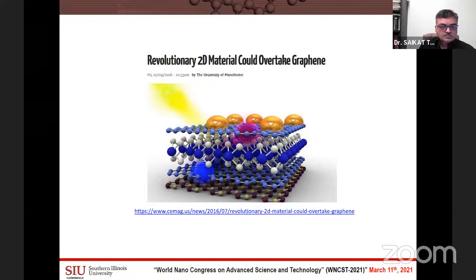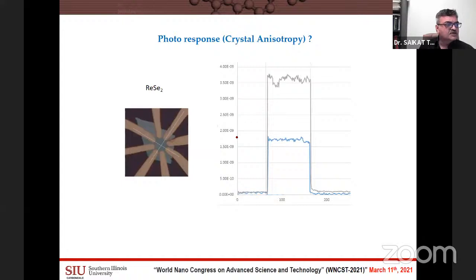And also, this is the latest work that we are doing in collaboration with Jackson State and Florida State. There are certain materials which are anisotropic electrically.